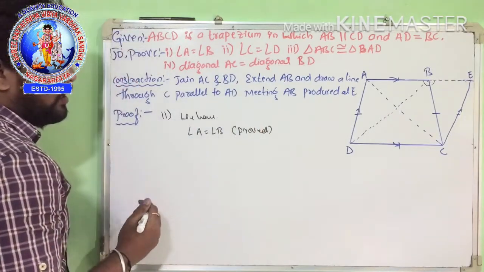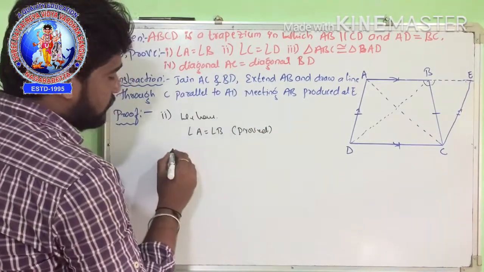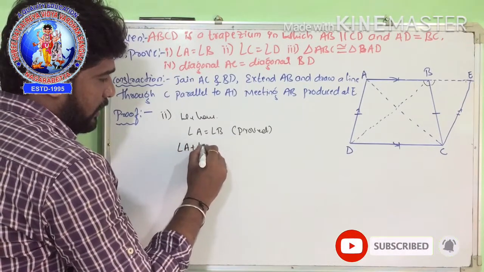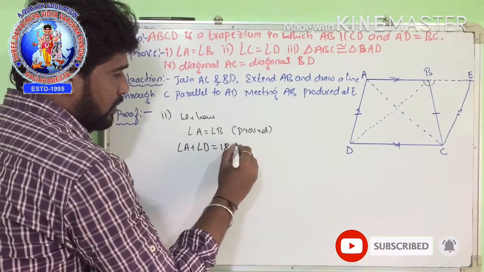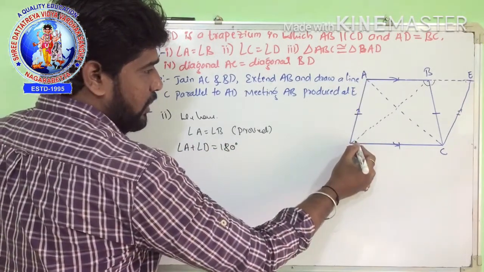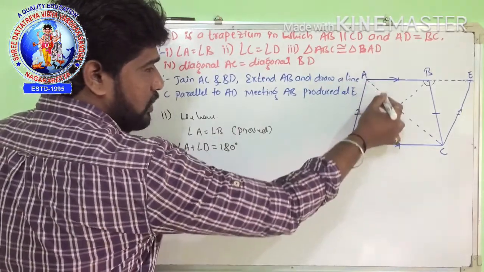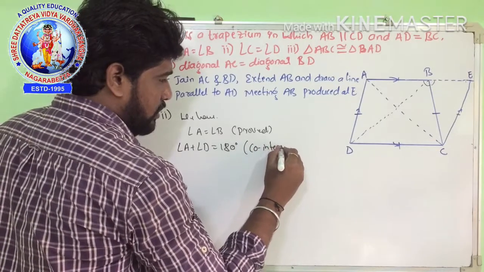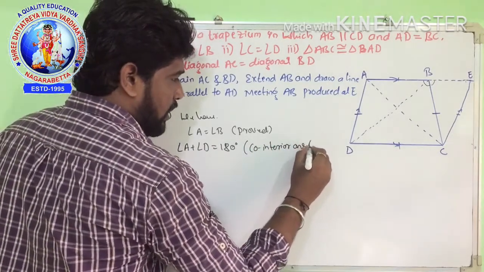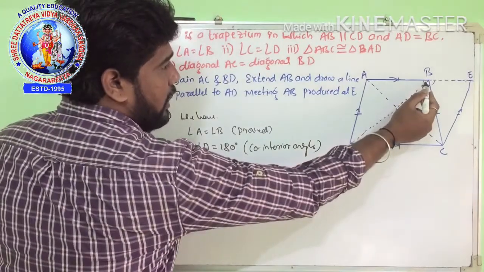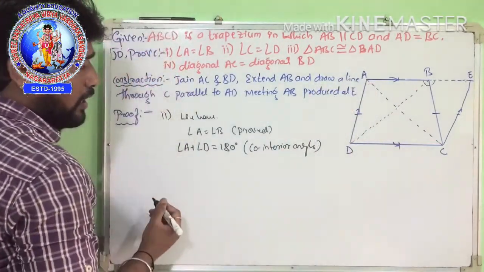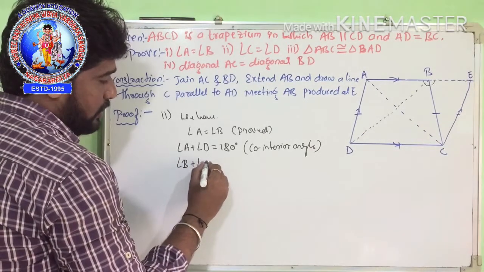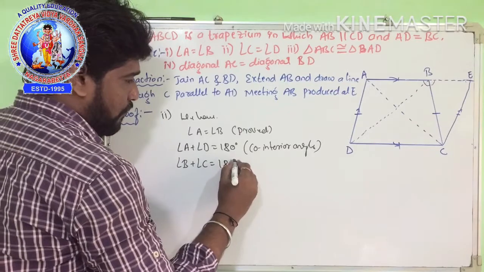And here angle A plus angle D is equal to 180, co-interior angles, because these two lines are parallel. So write down here co-interior angles. And angle B plus angle C is equal to 180. This is also co-interior angles.